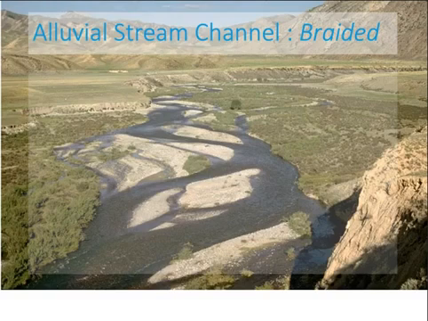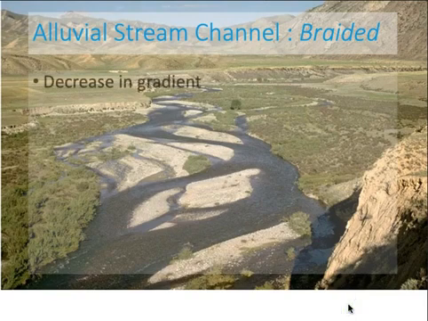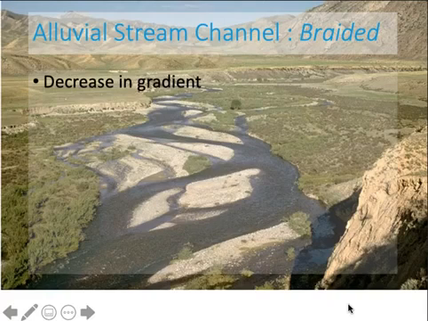Alluvial stream channels, braided. Alluvial channels are so named because the stream bed is covered in deposits of alluvium. This happens where the gradient decreases and the current loses energy, prompting the deposition of piles of sand to gravel-sized alluvium known as bars.